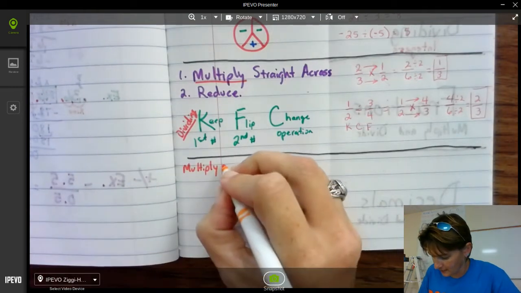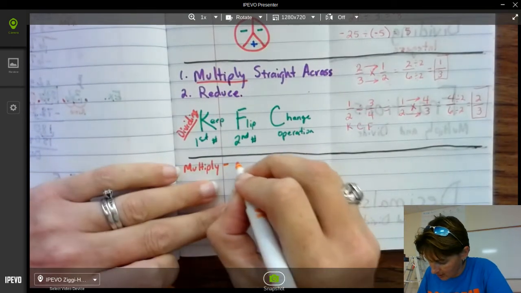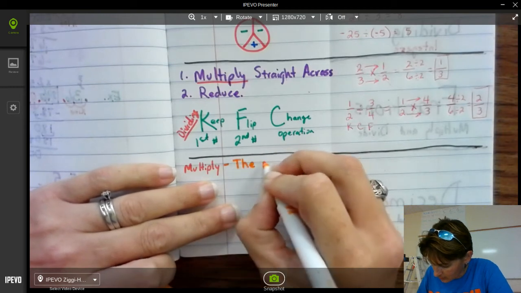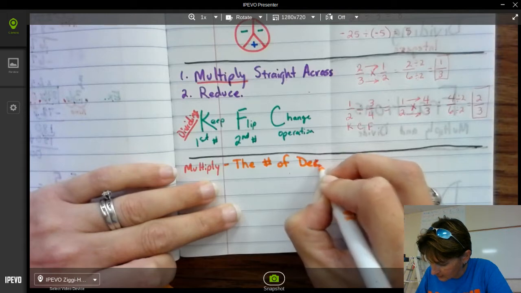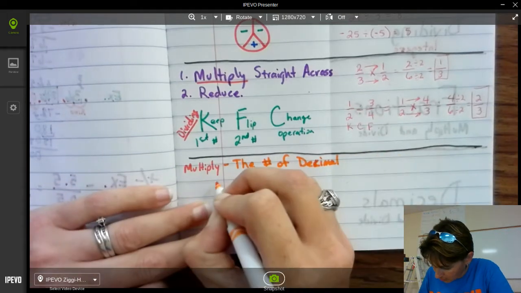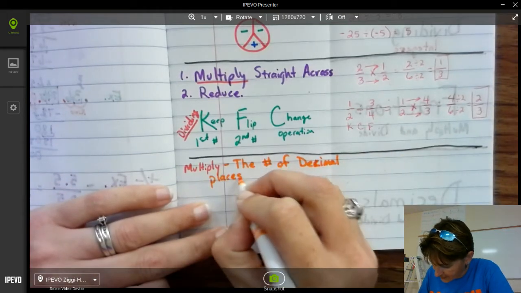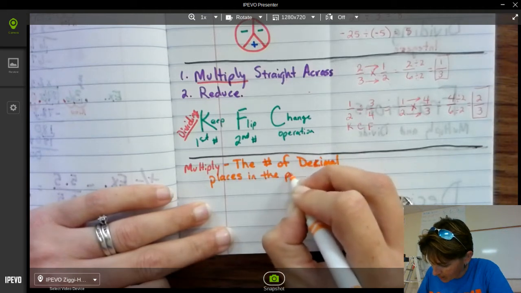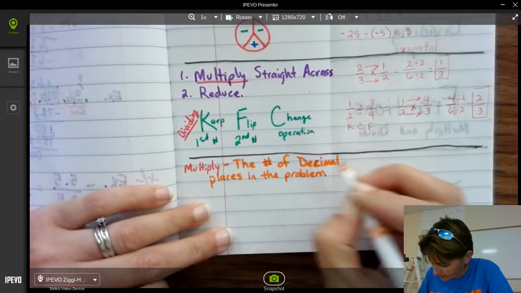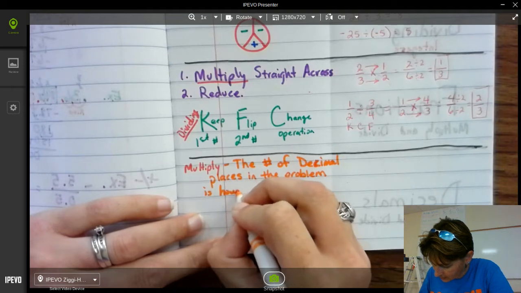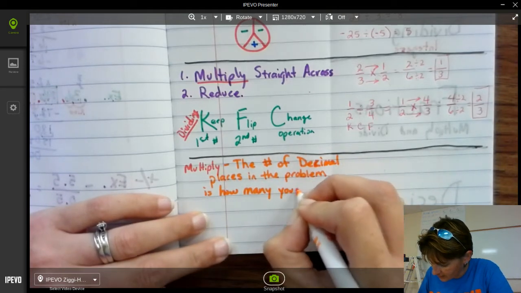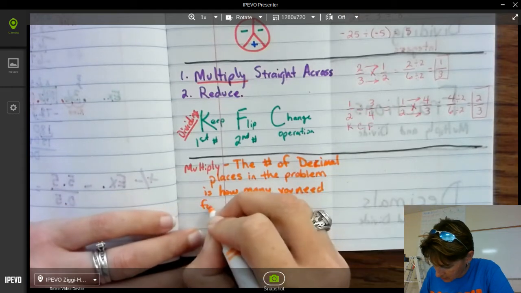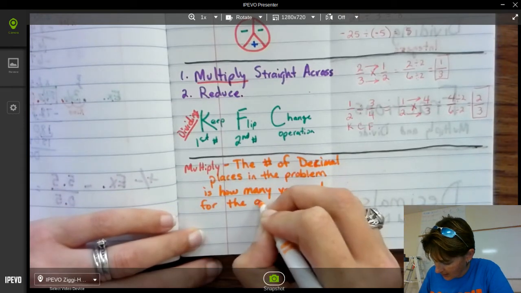And the big thing with multiplying with decimals is that the number of decimal places in the problem is how many you need for the answer. Okay?